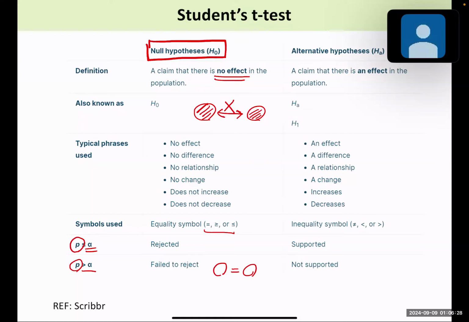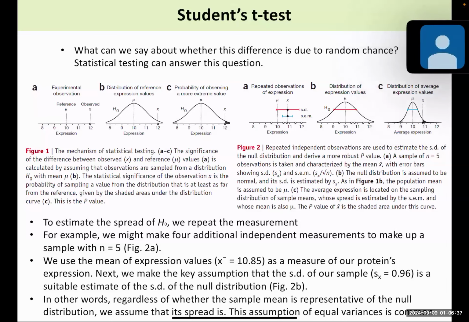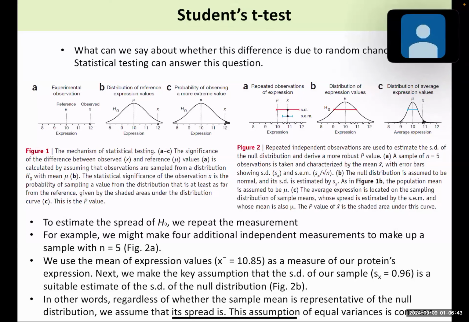All right, so let's talk about the p-values and t-test some more. So what can we say about whether this difference is due to random chance, right? And statistical testing can answer this question. Let's take a look into this example.